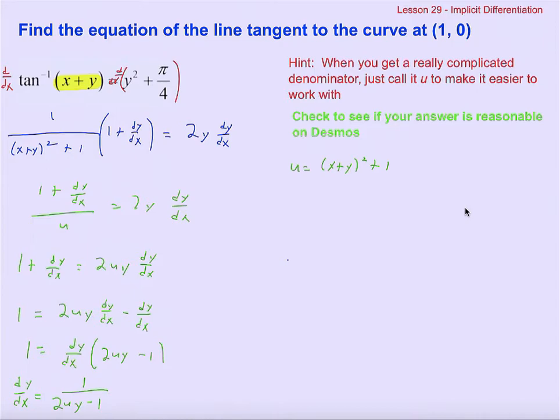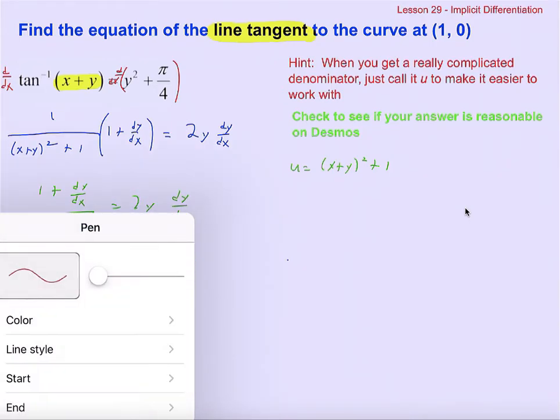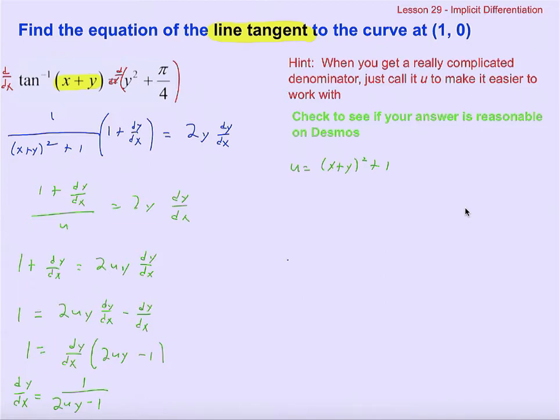But that's not what this question asked us to do. This question asked us to find the equation of the line tangent to the curve. Maybe we should have spoken about this already. But going back to a couple of weeks ago, whenever you see those directions, tangent line, that means we know we are looking for something in point-slope form. y minus some y value, I'm going to call it y1 here for the moment. Earlier in the year we called it f of a, but this isn't a function, so I don't want to use that notation.